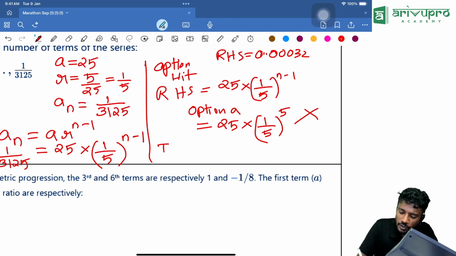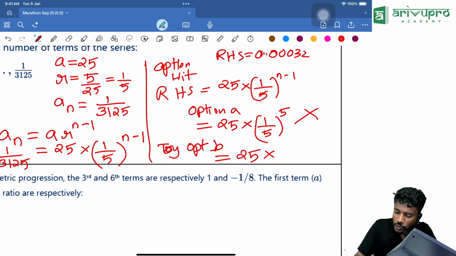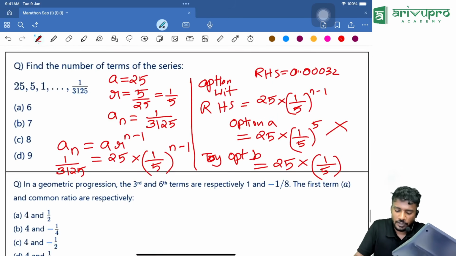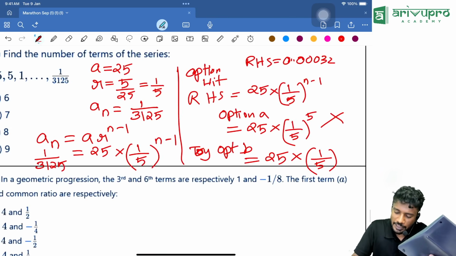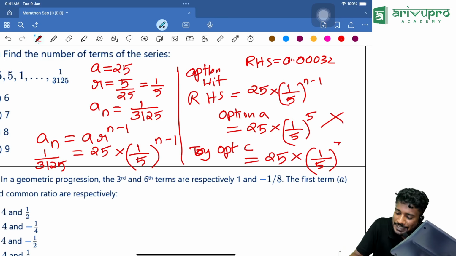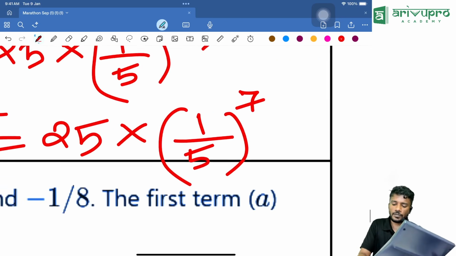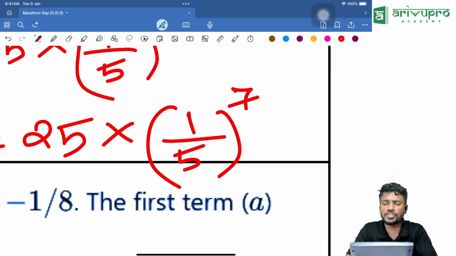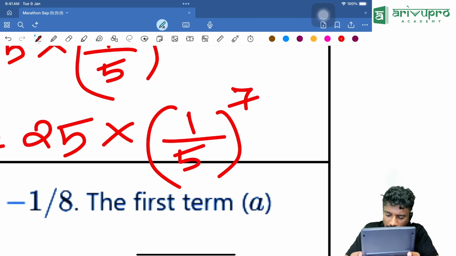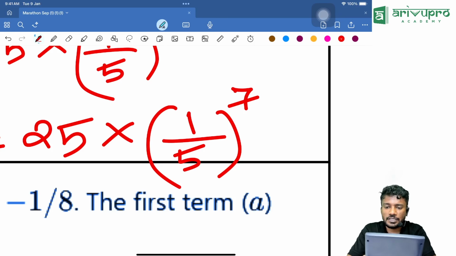Then try option C, which is 25 into 1 divided by 5, the entire thing raised to 8 minus 1, that is 7. Multiply 1 divided by 5 six times, 1, 2, 3, 4, 5, 6, then multiply with 25.